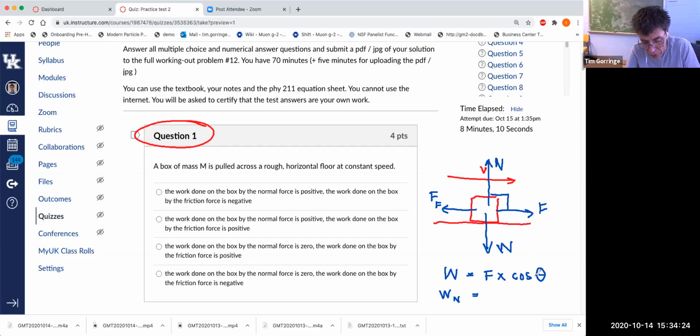So the angle between the direction of the force and the direction of the motion is 90 degrees. And cosine of 90 degrees is 0. So the work done by the normal force is 0. Work done by the friction force.